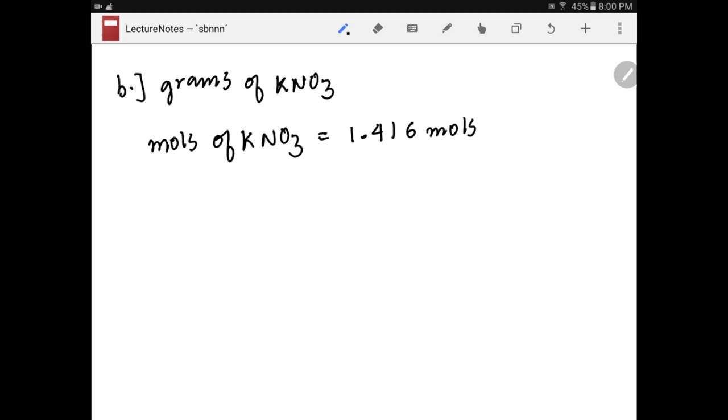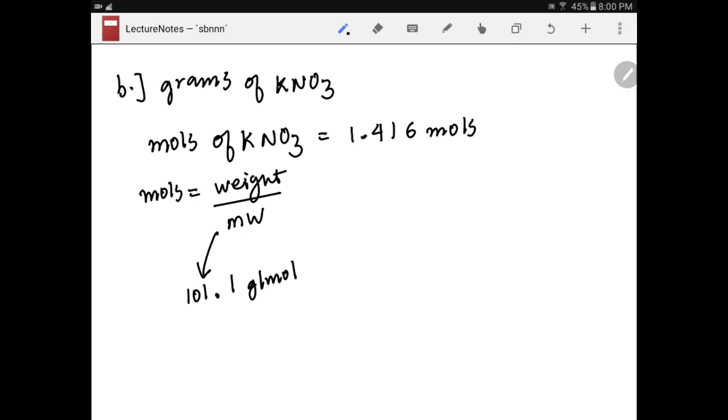Now we just use the equation again, where moles equal weight over molecular weight. The molecular weight of potassium nitrate is around 101.1 grams per mole, which you can look up on the internet or calculate from the periodic table. So all we have to do is plug and chug.